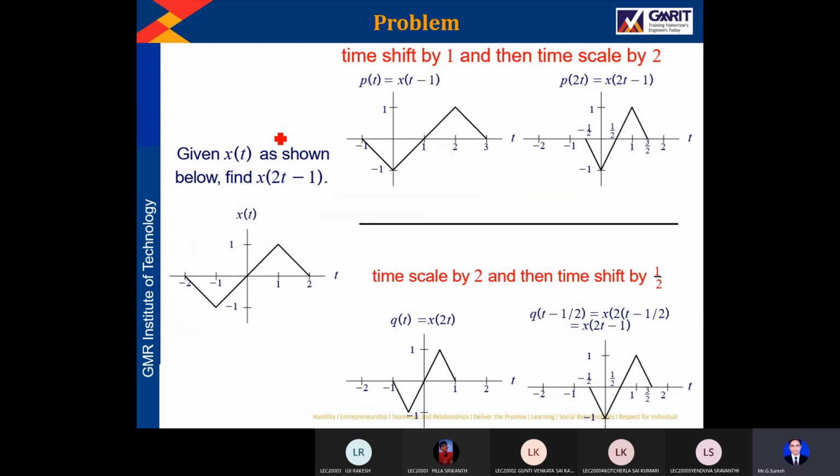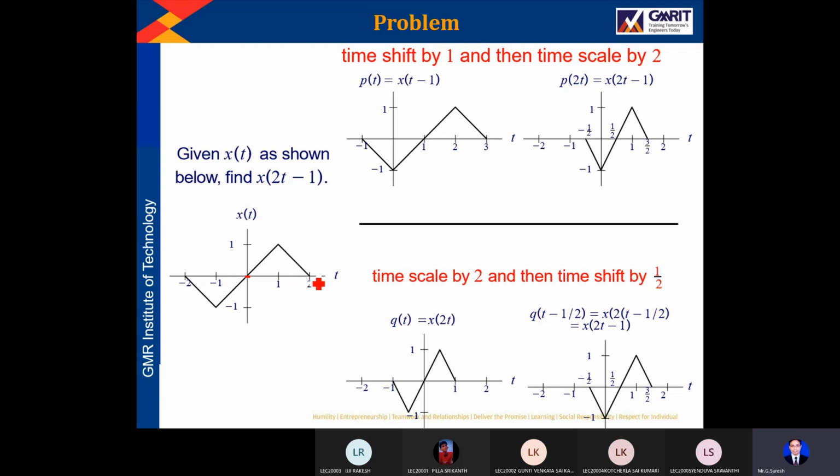Take that x of t is shown to us, which is a triangular pulse. You can see a triangle here, where its value is 0 at the origin, and it has maximum magnitude, say 1, at t equal to 1.